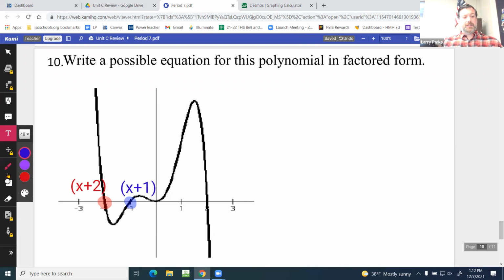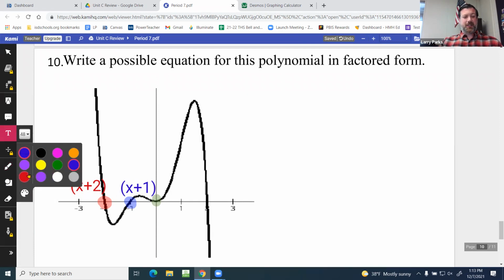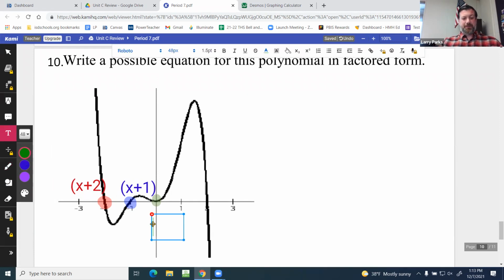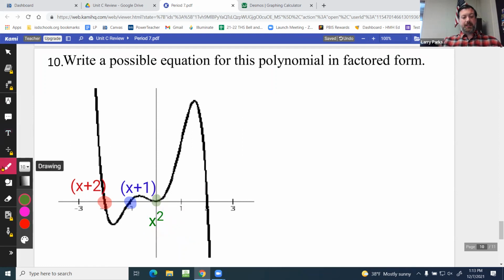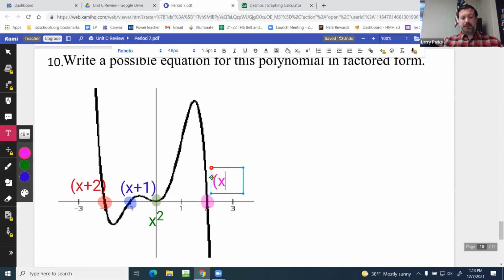Here, it goes through the origin, and it's a bounce, so that must be x squared. And then finally, it goes through 2, so that'd be x minus 2.